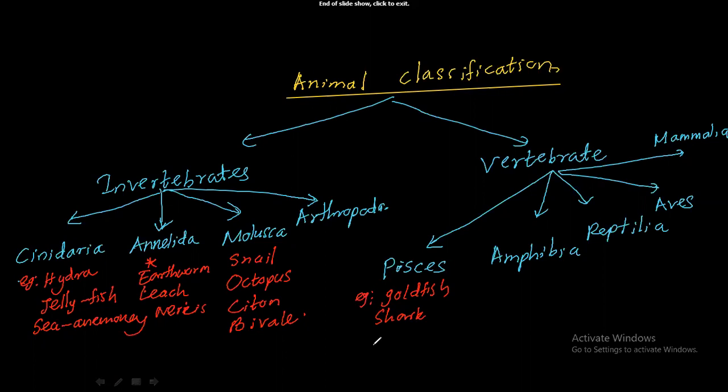I just commonly write, we can write tuna. Amphibians: frog, toad, salamander. Even Ichthyosaurus also we can write.